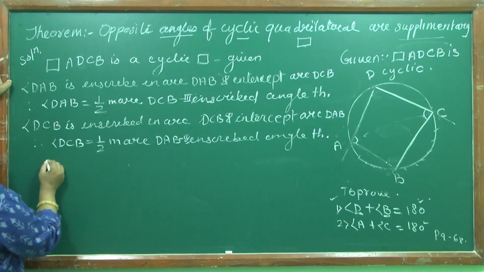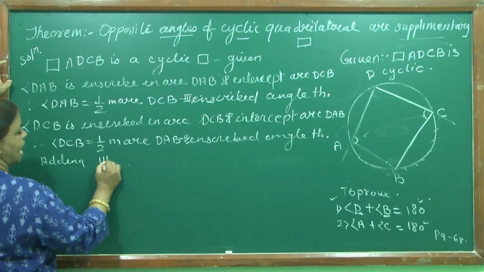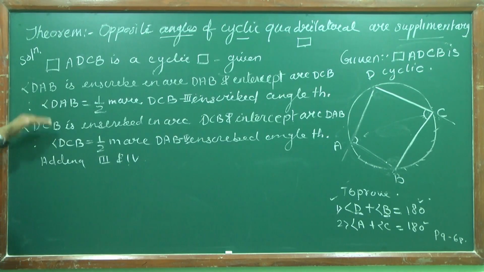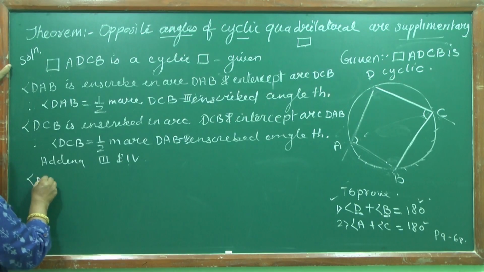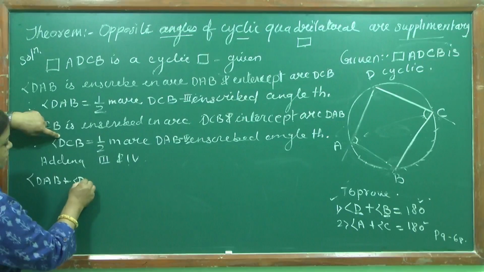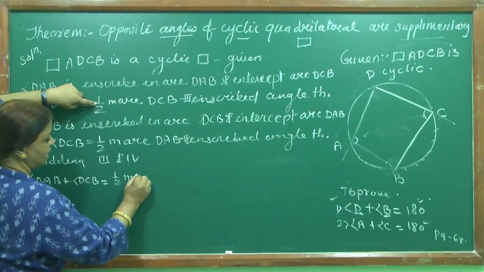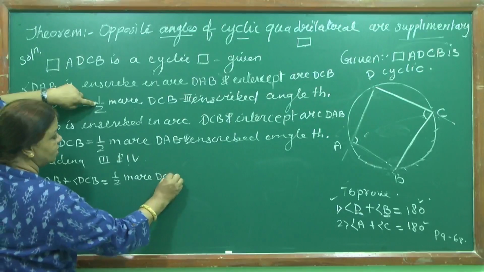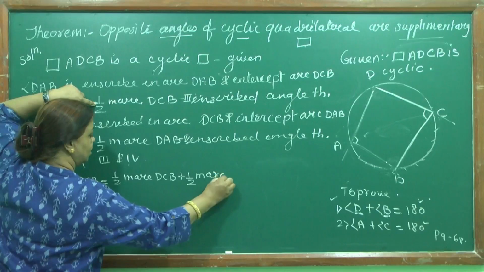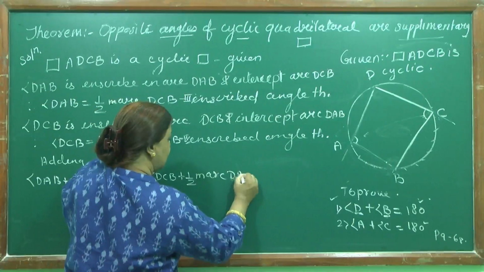Now adding third and fourth. Adding 3 and 4, what do I get? Left side I have to add with left side. So angle DAB plus angle DCB is equal to half of major arc DCB plus half of major arc DAB.